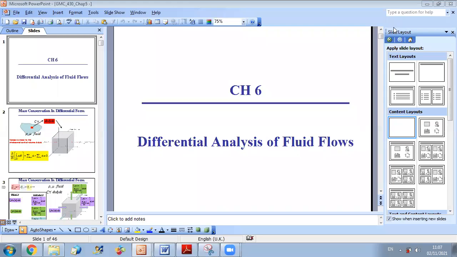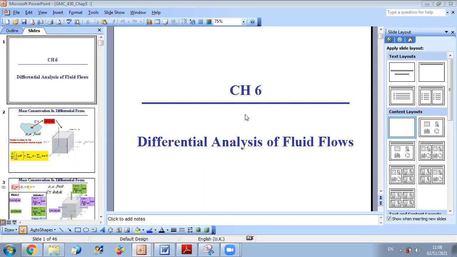So in this chapter, we will introduce differential analysis of fluid flows. Already in the previous chapter, we considered conservation of mass, the continuity equation, and conservation of energy for a certain control volume.